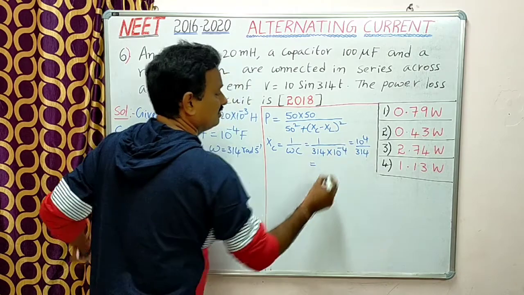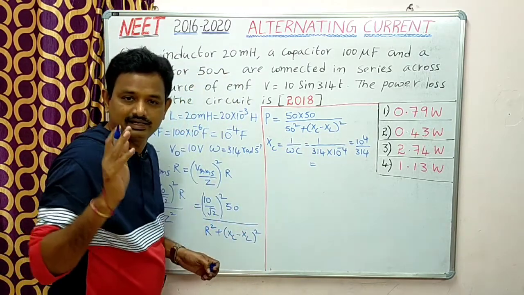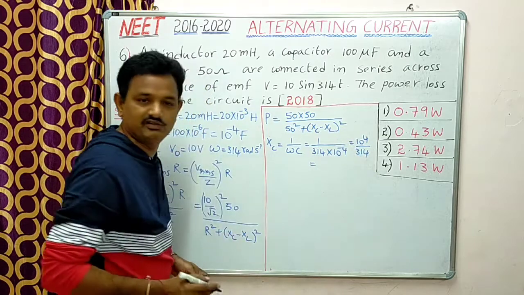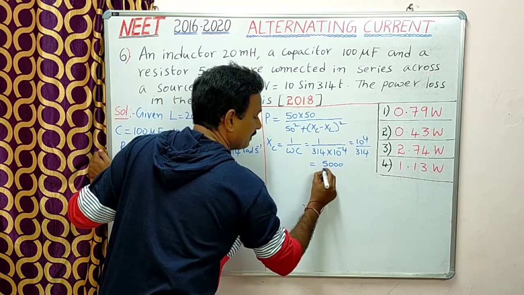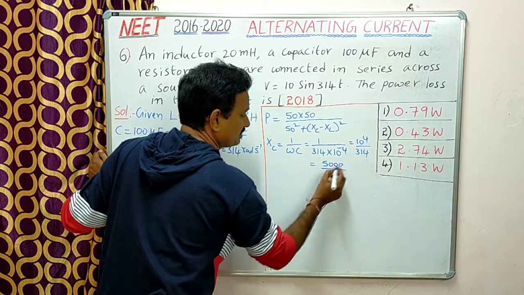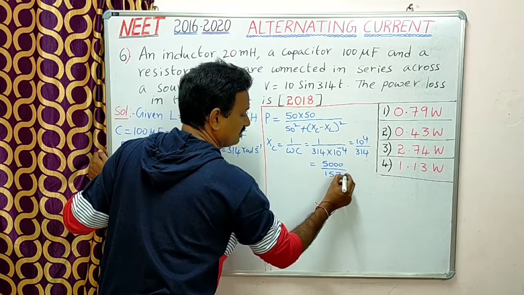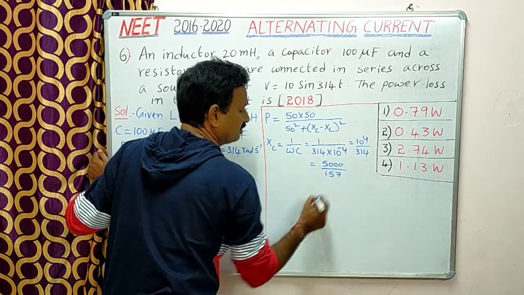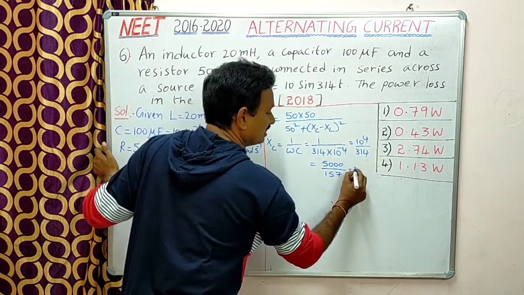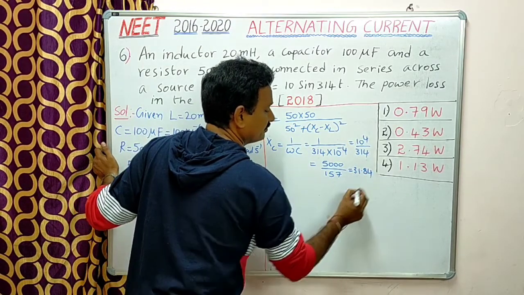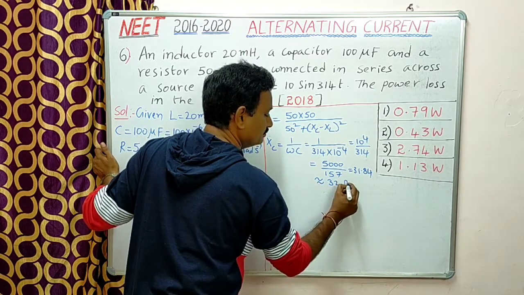See, 10 power 4 means 10,000. If I cancel 10 power 4 by 314 with 2, I will get 5,000 by 157. 5,000 by 157 means 31.84. So approximately I will write 32 ohm.